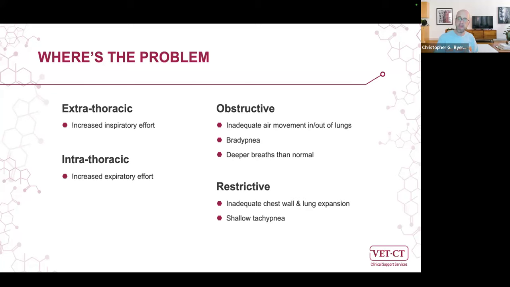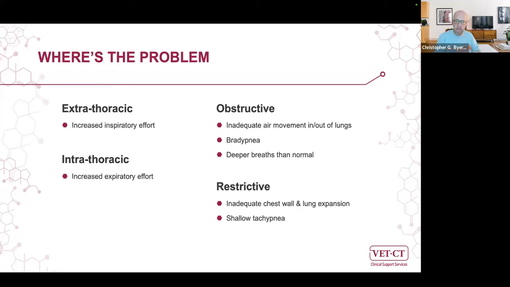Some people like to think of respiratory disorders as being obstructive versus restrictive. So think of obstructive as the classic upper airway problem where you have to really breathe deeply and with a lot of effort just to get air into the lungs, and contrast that to patients with, let's say, pleural effusion, where the lungs can't fully expand.